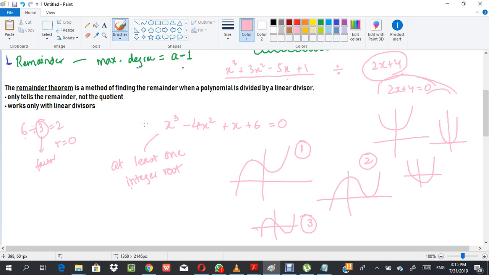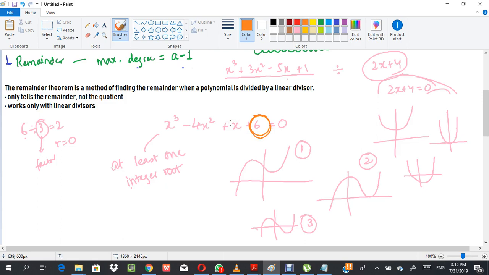And that is the root that we'll try to find ourselves by trial and error. Now, this trial and error won't be completely blind, but we are going to get some hint from some place. And that place is going to be the constant term of the cubic equation in question.